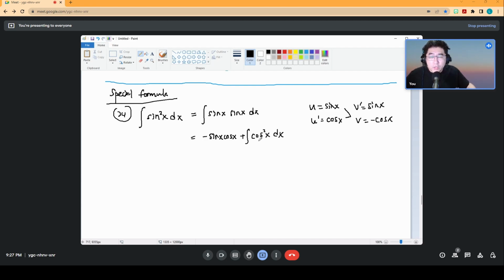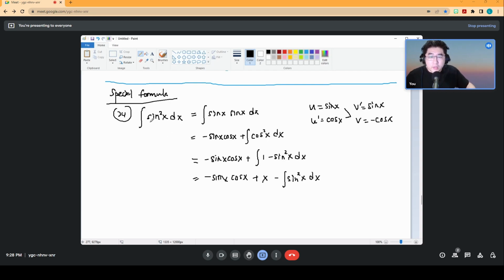Over here I can see there's a cos square. I can actually use our trigo identity and write it in the form of 1 minus sine square. According to the integration rule as well, we can separate this 1 and the sine square, becoming x minus integrate of sine square x dx.